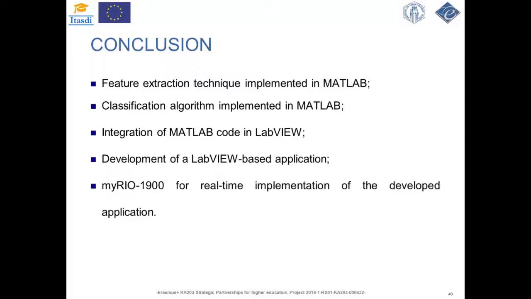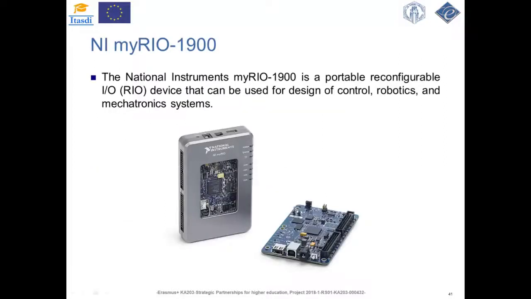1900 will be used. And now only a few words about MyRIO. MyRIO 1900 is a National Instruments portable input-output device that can be used for design of control, robotics, and mechatronic systems. This device has a processor and FPGA.